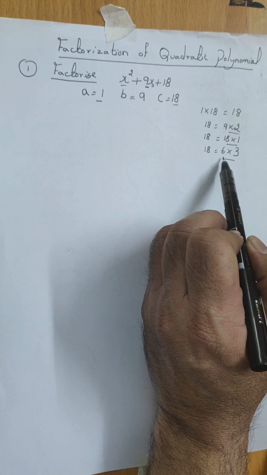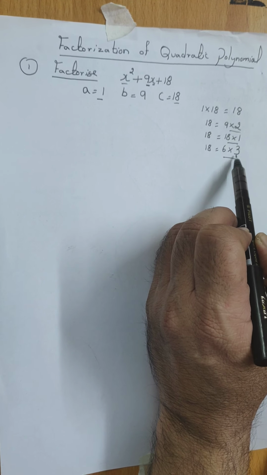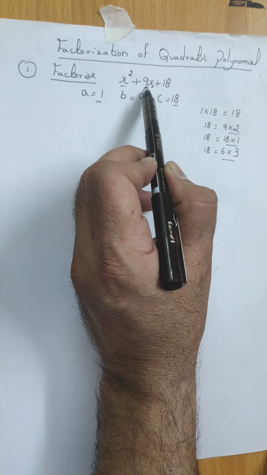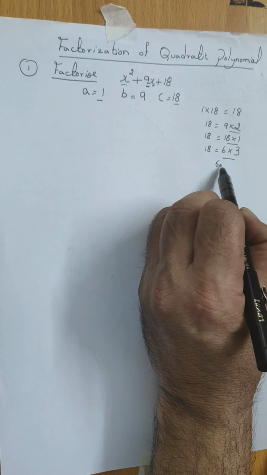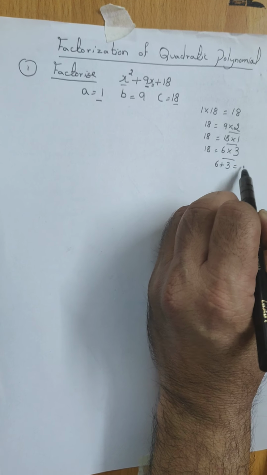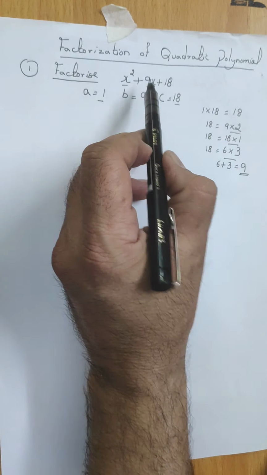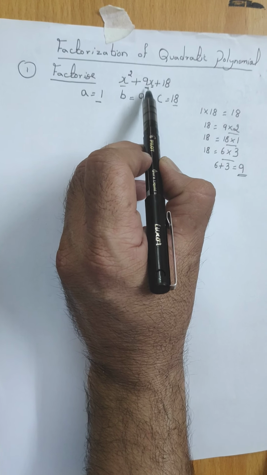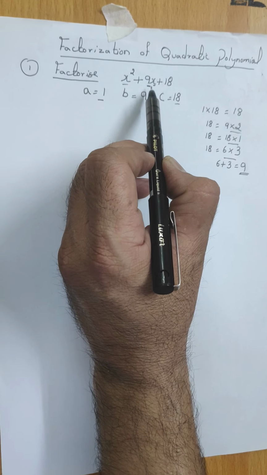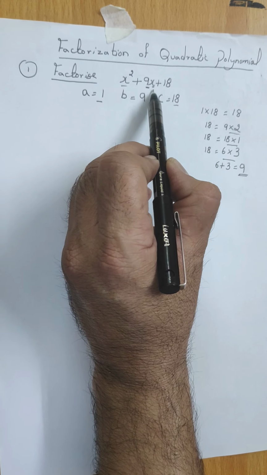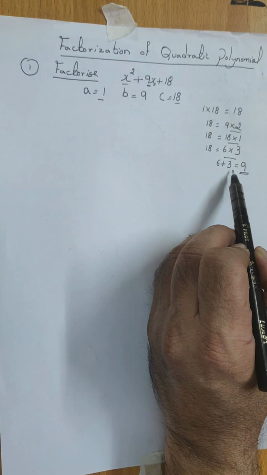Now see the third one, 6 plus 3. Yes, I will get 9 here. That means 6 plus 3 is equal to 9, so I am getting the middle term here.